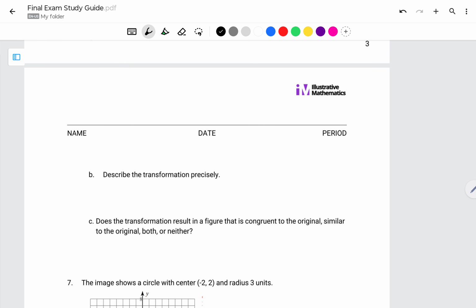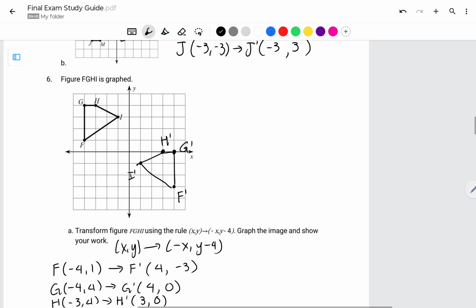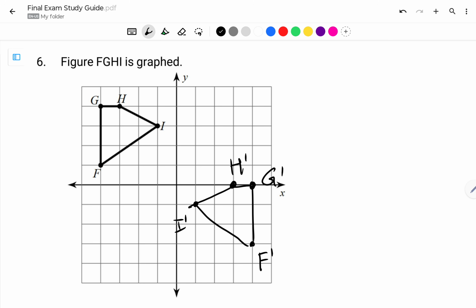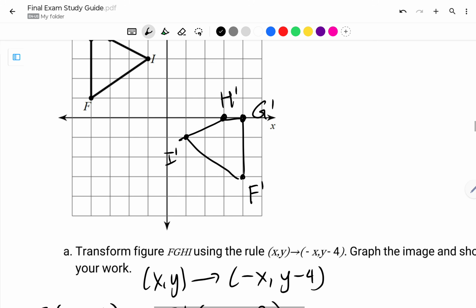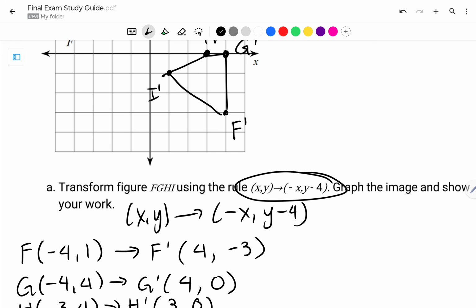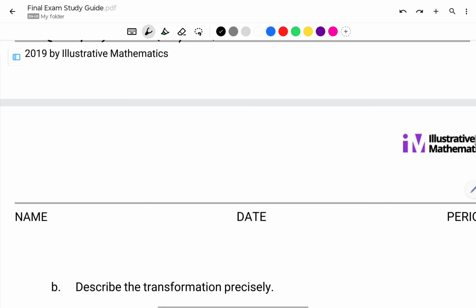Describe the transformation precisely. If you look at the graph, you can kind of tell what kind of transformations took place. All right, but you might not know the specific, like it says describe it precisely. So if you want to be able to describe it a little more precisely, you have to look at the rule.